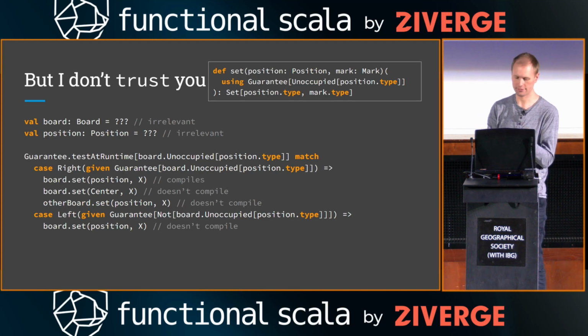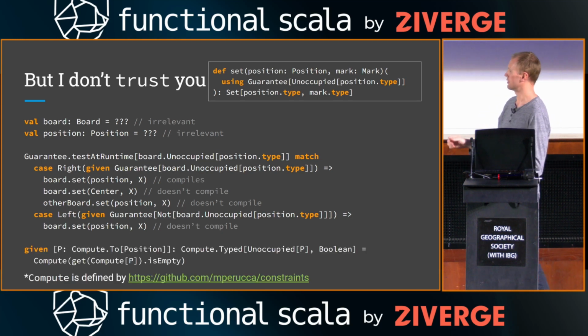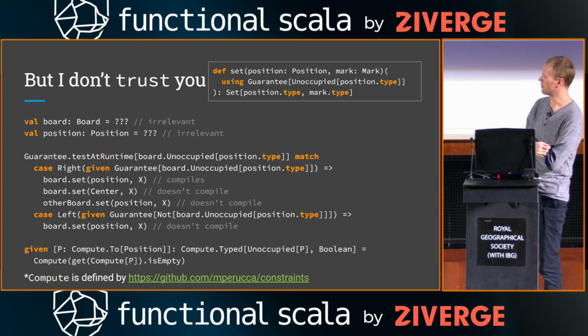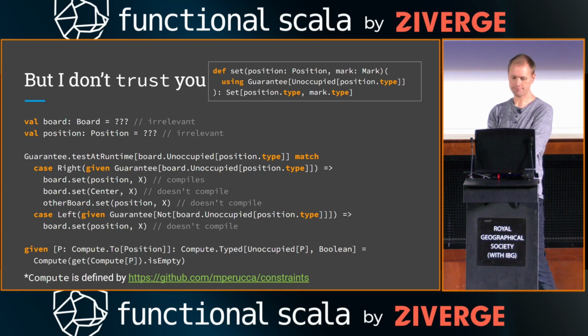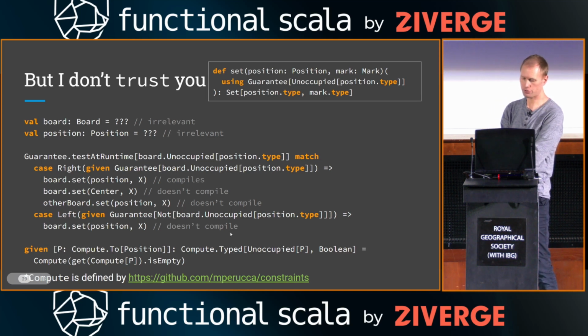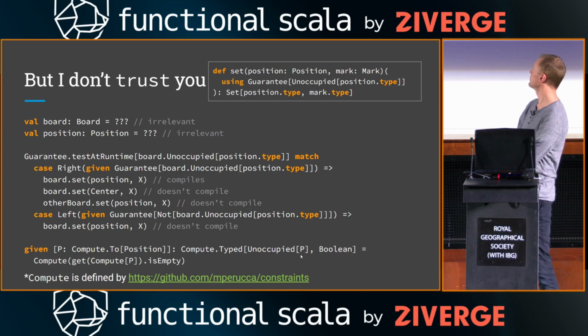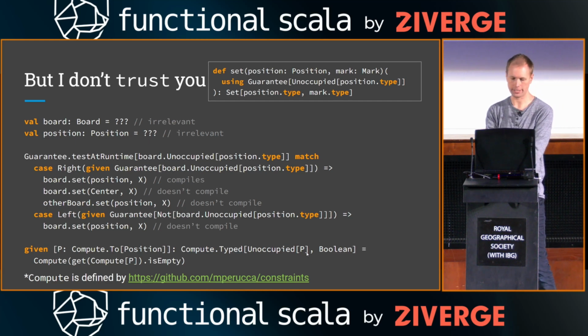But how does all this work? Well, there's a compute type class that you can implement. And so what we do right here is say, if we have some type P, and if that P computes to a position, then we can get a compute of type unoccupied of P, and that will return a Boolean. The way that works is we just call compute on P, and up here, you can see that that returns a position.